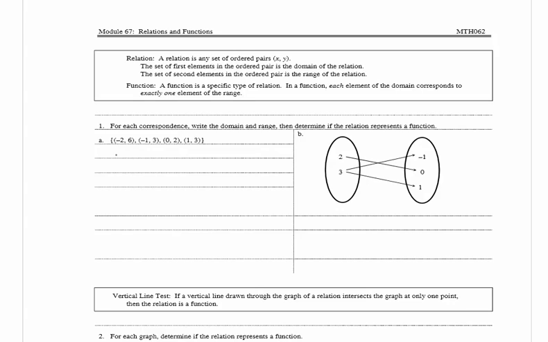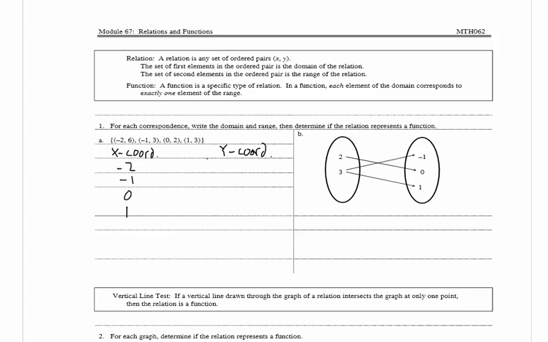So we're going to put the x-coordinates on the left side and the y-coordinates on the right. So I'm going to list all of my x-coordinates, which are -2, -1, 0, and 1.